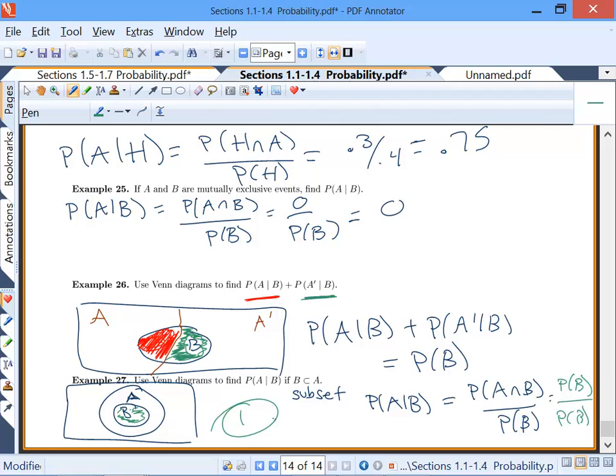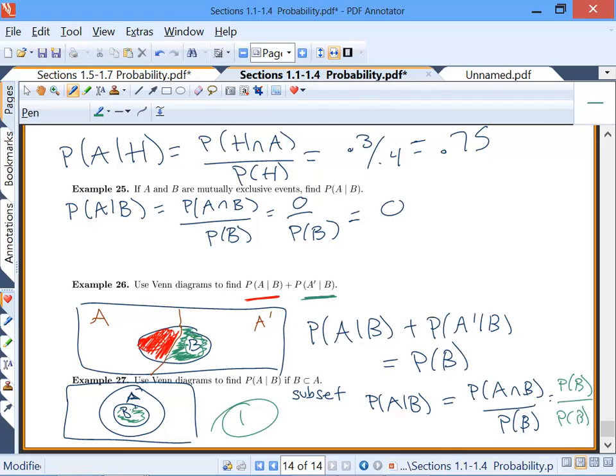So questions on conditional probability. For number 26, would that also be 1? Not 1, because 1 would still be my entire sample space, but it did add up to the probability of B. If we were to make a formula for the addition of the two, would it be probability of B over probability of B?